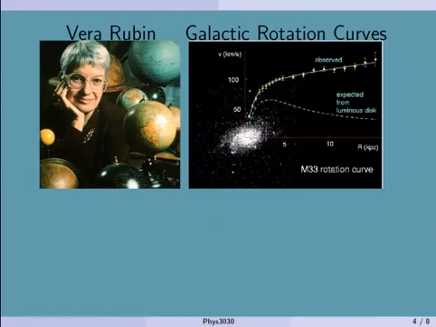Then Vera Rubin came along, and she and her graduate students made a bunch of painstaking observations of galactic rotation curves. So the idea is that I have some galaxy, maybe with some arms like this, and if I'm looking straight on from the top of this galaxy, it's really hard to tell how fast things are moving.